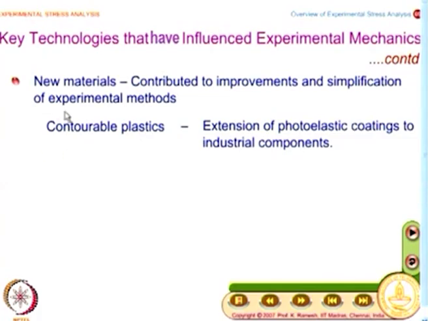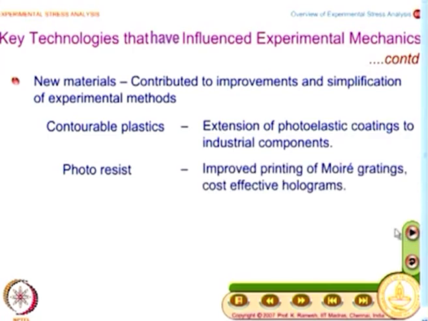Here what you do is you make a polymer that is flexible enough, apply it on the model, it will take the same contour as the model, then allow it to cure. So, the contourable plastic has helped in the industrial use of reflection photoelasticity.